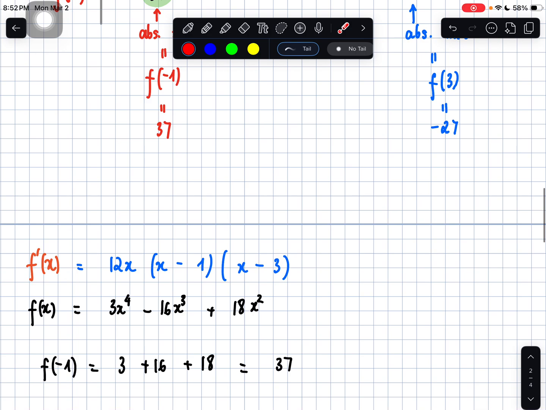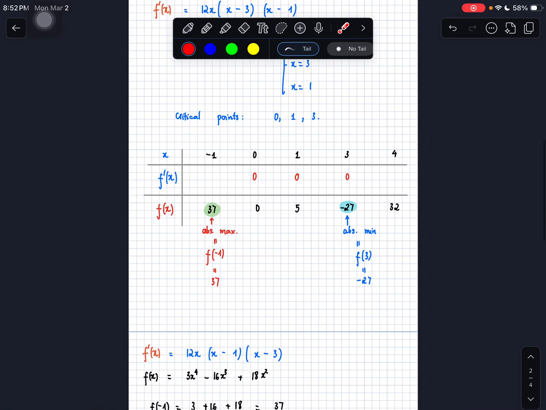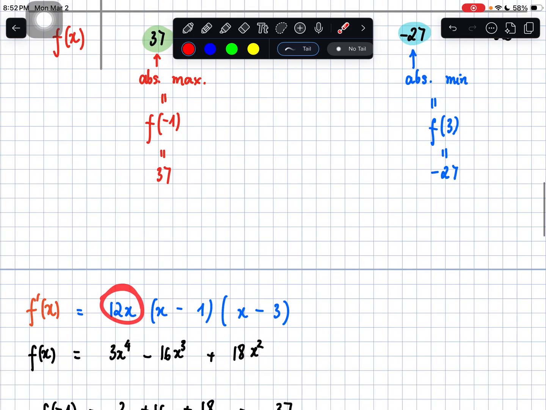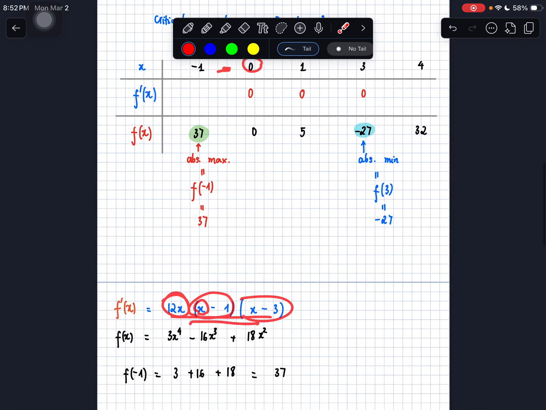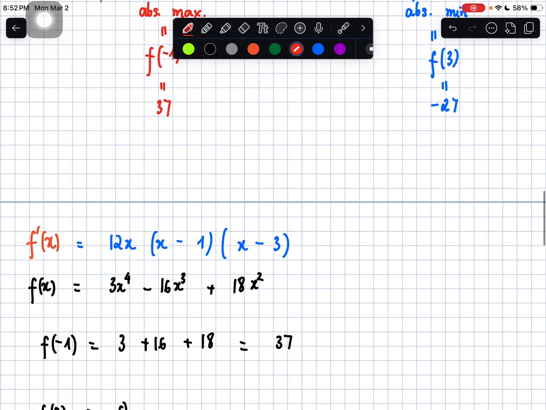You see that on the interval minus 1 to 0, x is negative, x is less than 0. This term will be negative. So for x less than 0, f prime of x is negative.